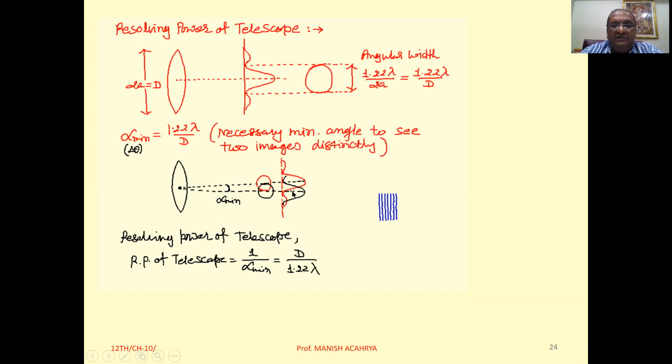Or in other words, we can say if the central maxima of both the images formed subtend an angle that is minimum 1.22 lambda by d or more than that, then and only then the observer can observe those two objects as two distinct objects.